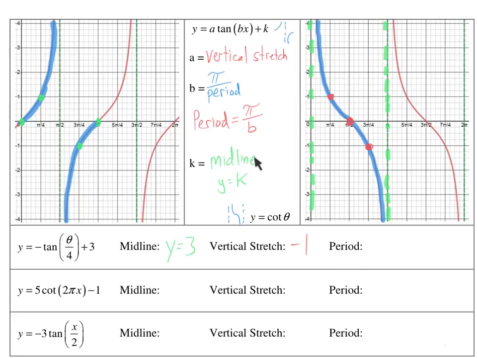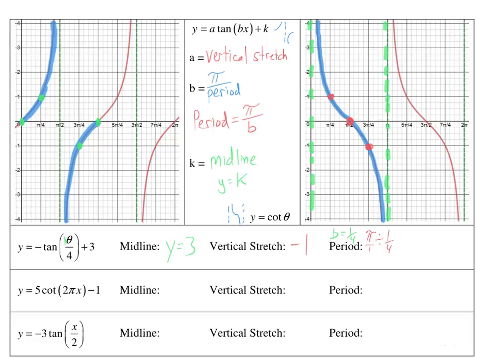All right, the period. Your period is pi divided by b. Isn't your b for this problem 1/4? Your b is 1/4. So the period is, again, pi divided by b. So that's going to be pi divided by 1/4.